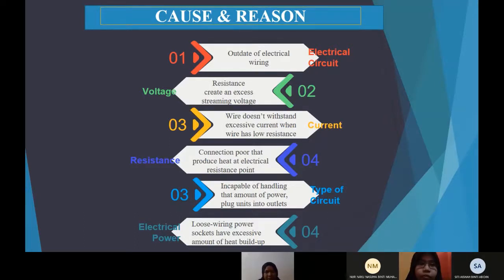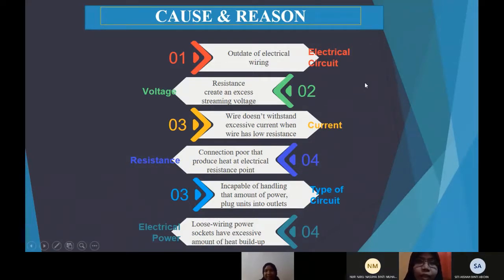For the resistance aspect, connection pole that produces heat at electrical resistance point. For the type of circuit aspect, incapable of handling that amount of power when plugging a unit into the outlet. For the last aspect, electrical power, wiring and power socket have excessive amount of heat build up. Thank you, and I will pass to the next presenter.